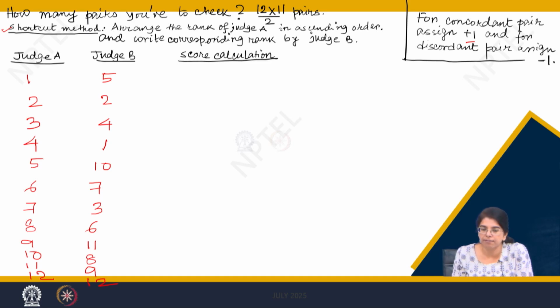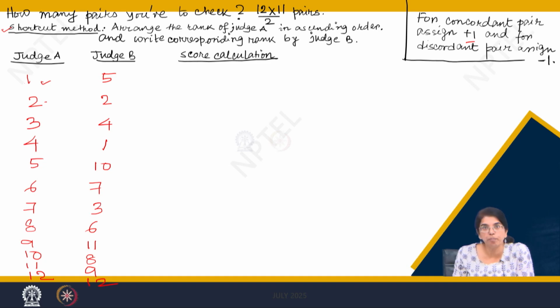Now the score calculation. How to do that score calculation? Okay, as I was saying, when you have arranged the ranks given by Judge A in natural order, you have that clear concept that this observation is always smaller than this. Clear? 2 is always smaller than 3.